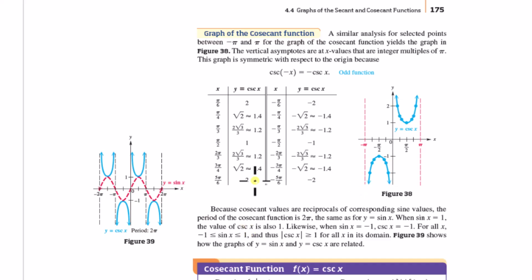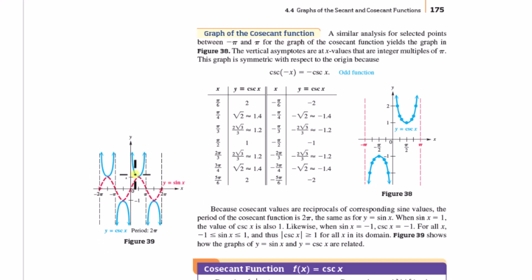Okay, and here they plot sine, and just like with secant and cosine, they're equal at the peaks and the troughs. We're talking, this graph here is referring to the sine and its reciprocal.